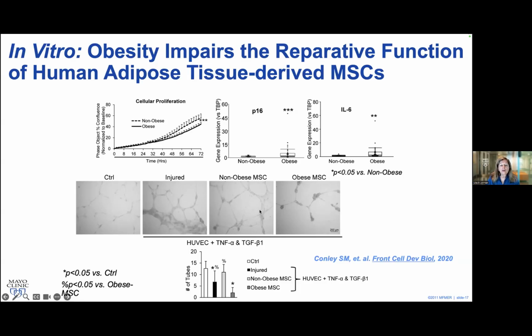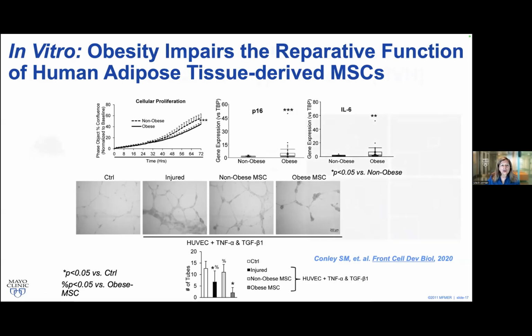When we incubate them with lean or non-obese MSCs, they restore the angiogenic function of the HUVECs, whereas obese MSC failed to induce an increase in the number of tubes, suggesting that the obese MSCs interfere with the angiogenic function of injured HUVECs and lost their reparative function.